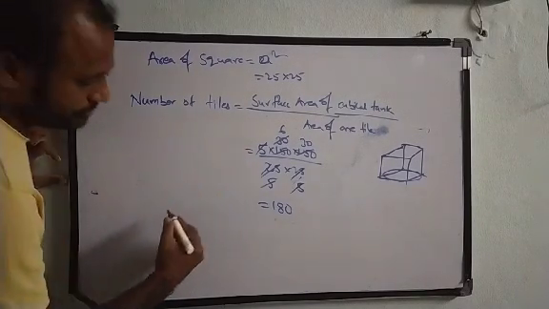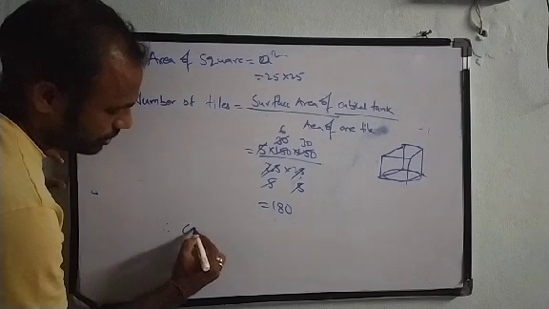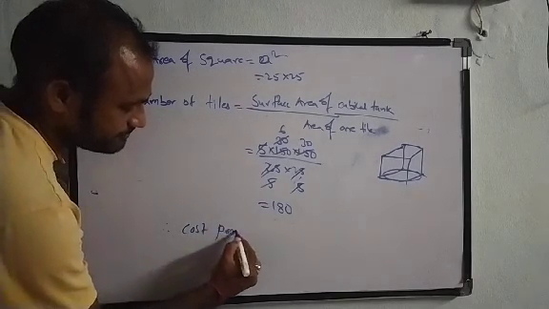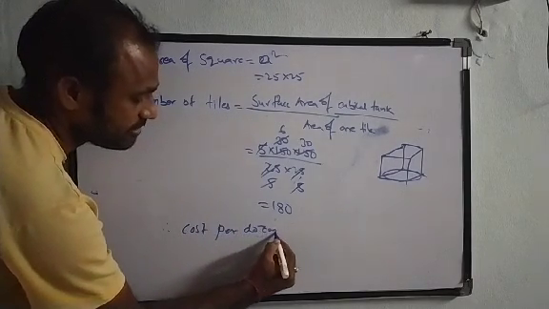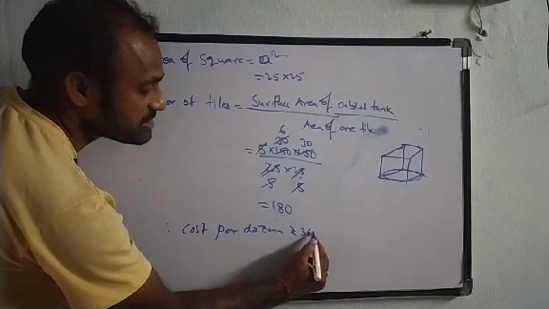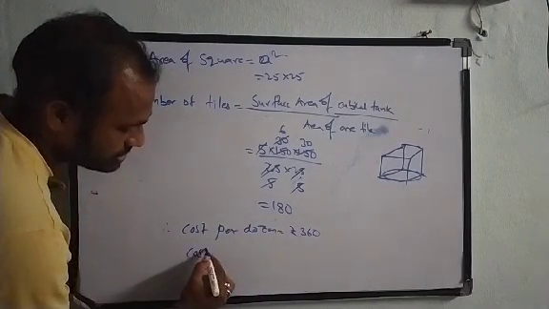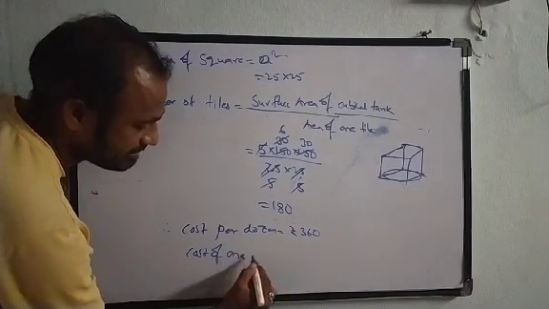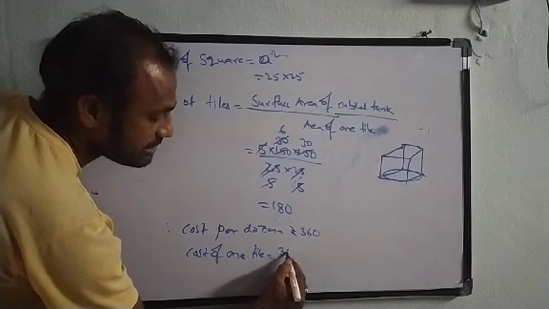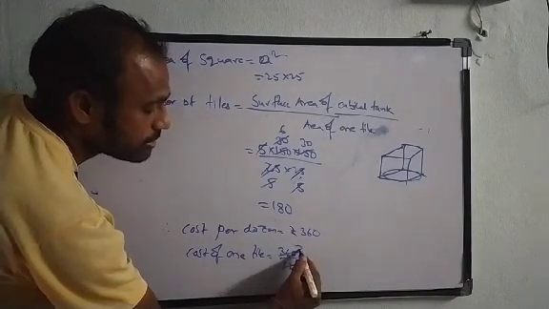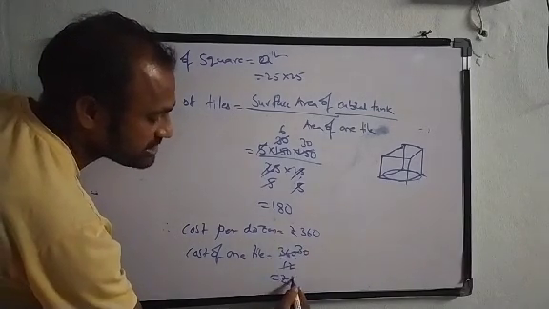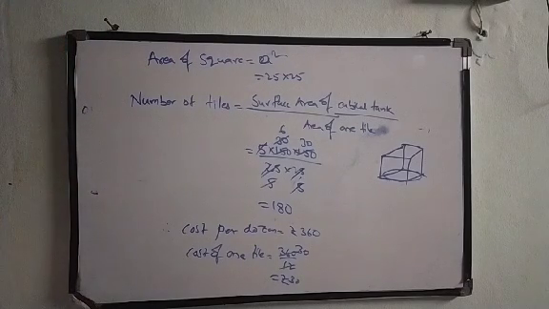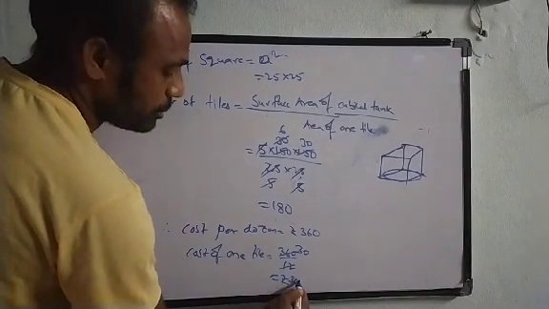Now the cost per dozen is 360 rupees. So the cost of one tile is 360 by 12. So one tile will cost 30 rupees. Each tile we need to spend 30 rupees on.